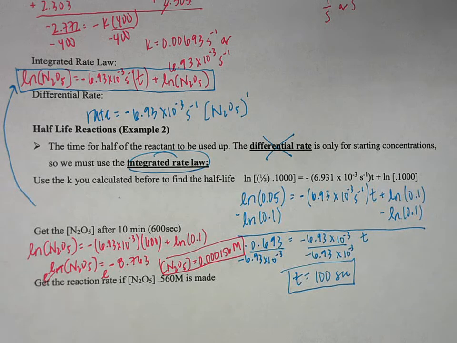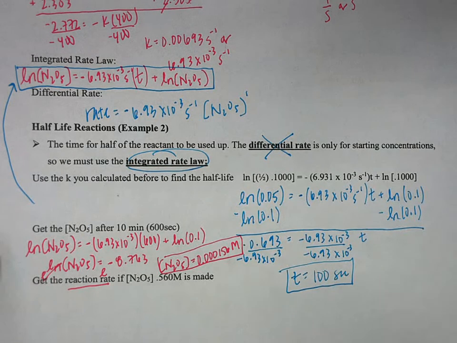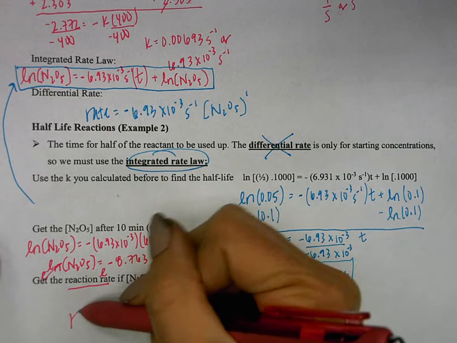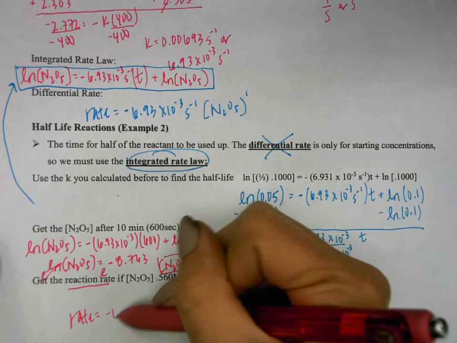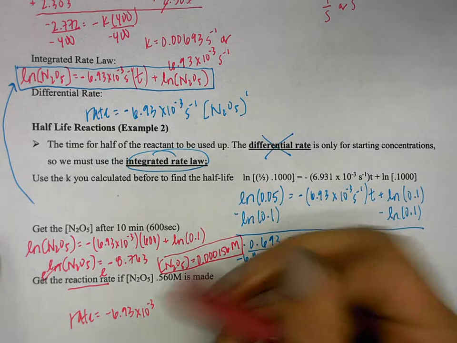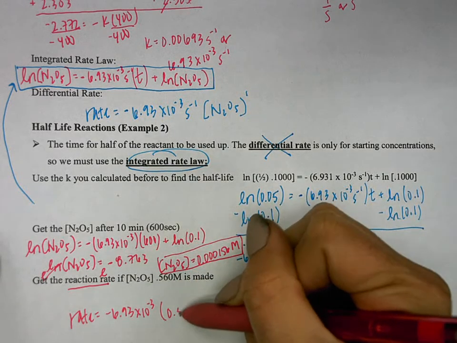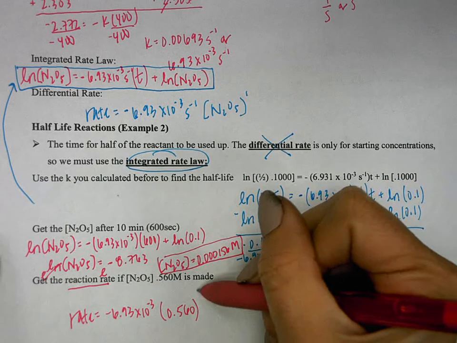All right, and then our last one on this problem is to get the rate if N2O5 0.560 is made. So get the reaction rate, which means we're using our differential rate law. So rate equals our K, and we're dealing with a concentration of 0.560 raised to the first power.